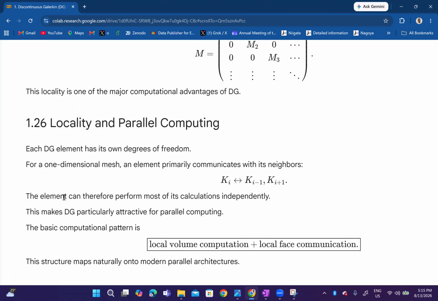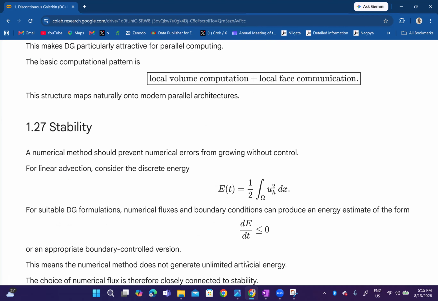These elements can therefore perform most of their calculations independently, and that's the idea of parallel computing there. This makes discontinuous Galerkin particularly attractive for parallel computing. The basic computational pattern is local volume computation plus local face communication. This structure maps naturally onto modern parallel architectures. So you see some computing coming into this.